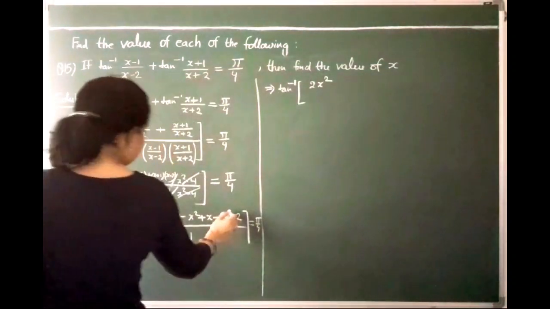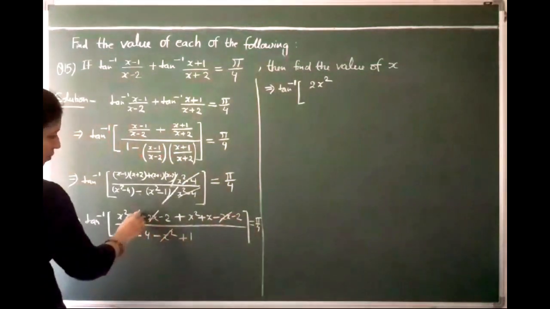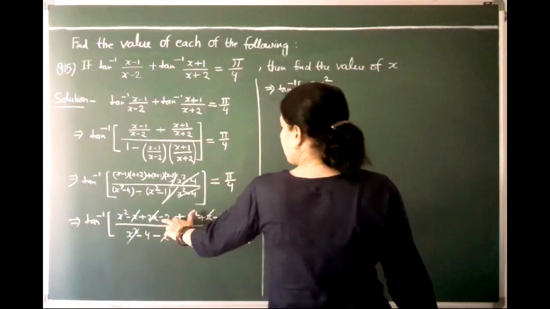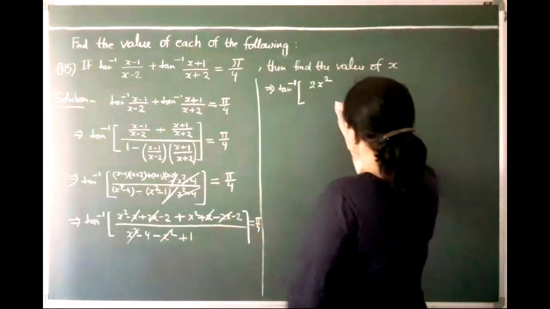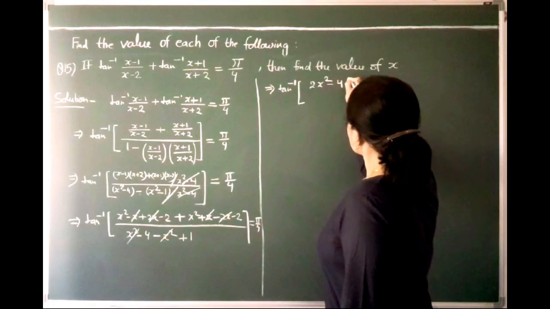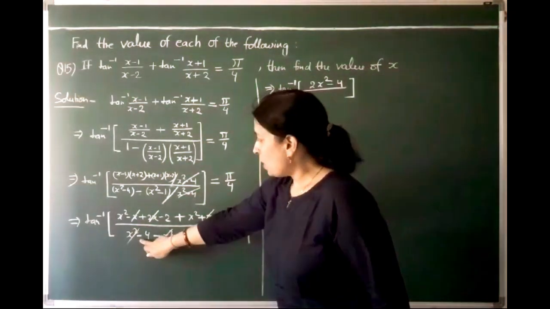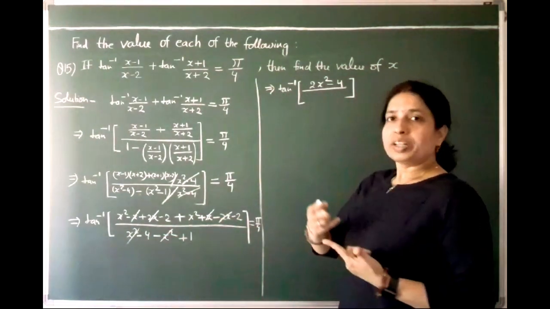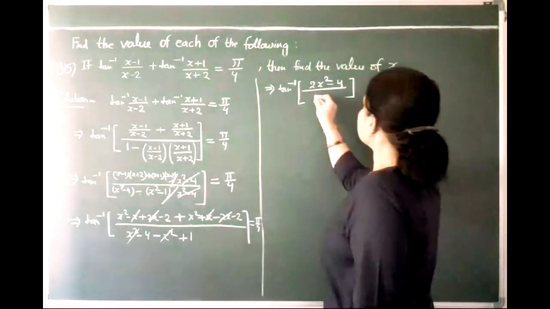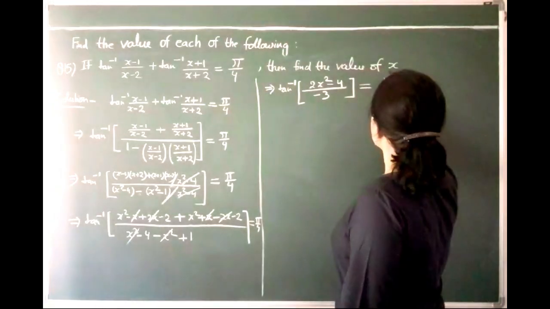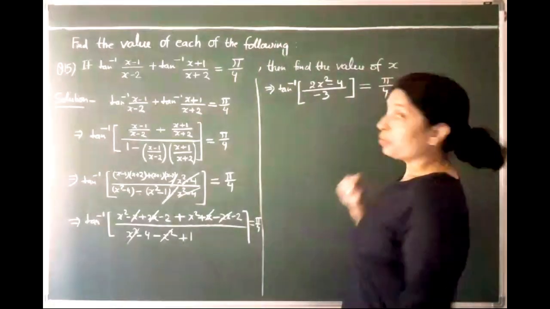So you can cancel here minus 2x plus 2x, minus x plus x. So here it is minus 2. Here it is also minus 2. So it will be minus 4. And here it is minus 4 plus 1. So it will be minus 3. And this is equal to pi by 4.